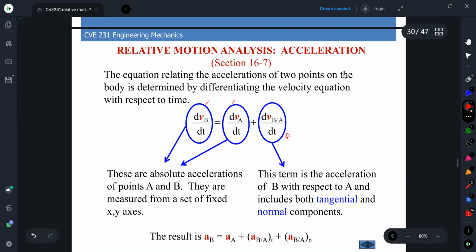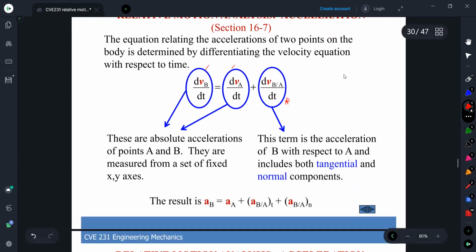But the last term, dVB sub A over dt, is the acceleration of point B with respect to A, including both tangential and normal components. This is the term of rotation.